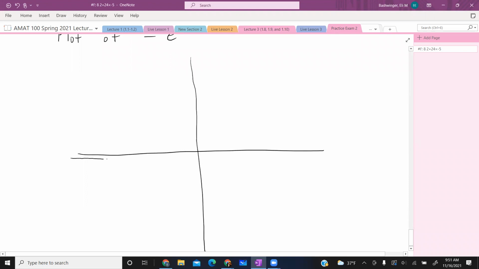It approaches the x-axis asymptotically as x goes to negative infinity. That's as good as I can get it. So it's just going to reflect. So it's going to cross at 0, -1, and then it's going to asymptotically approach the x-axis as x goes to negative infinity.